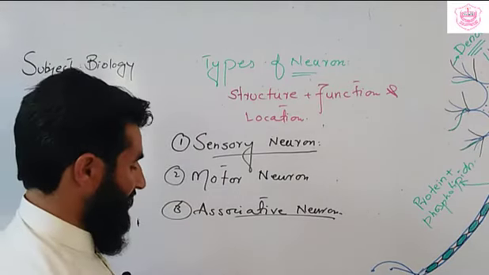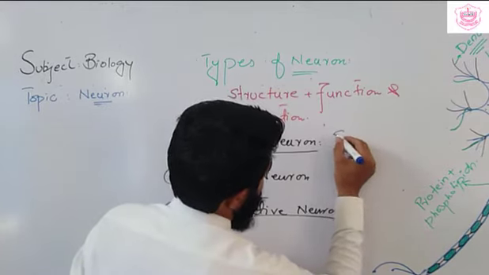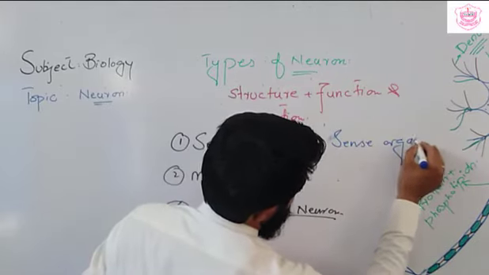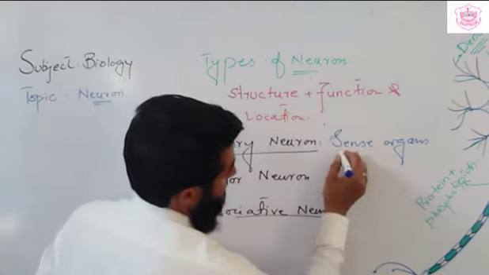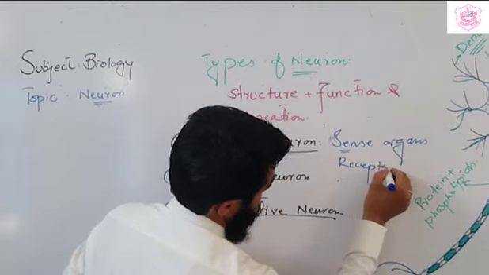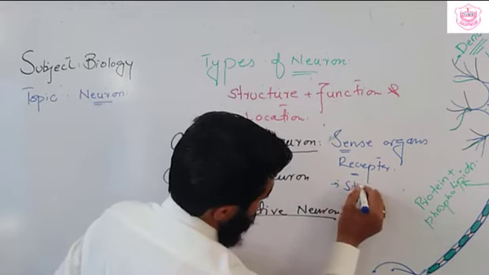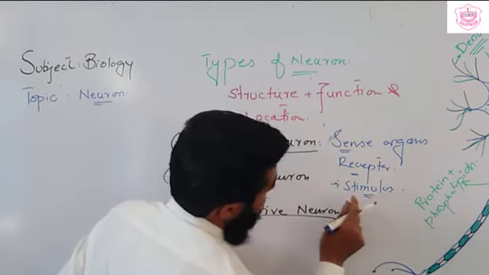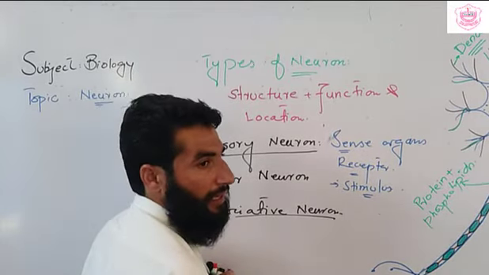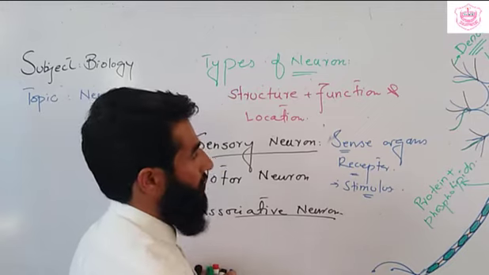As the name indicates, the sensory neuron is present in the sense organs, which all of you know are also called receptors. They receive the stimuli taking place in the environment and send them to the nervous system, or brain plus spinal cord, which is also called the integrator or control center.